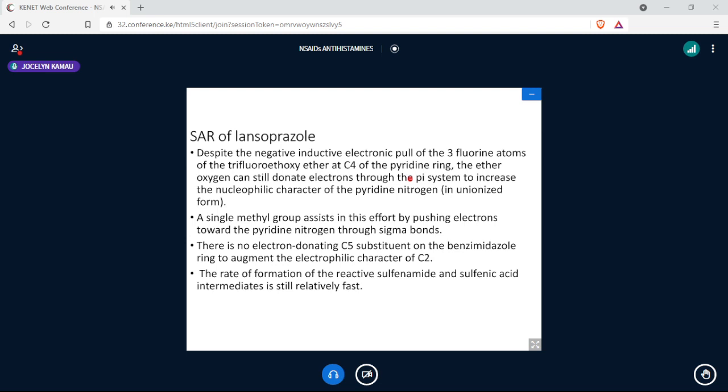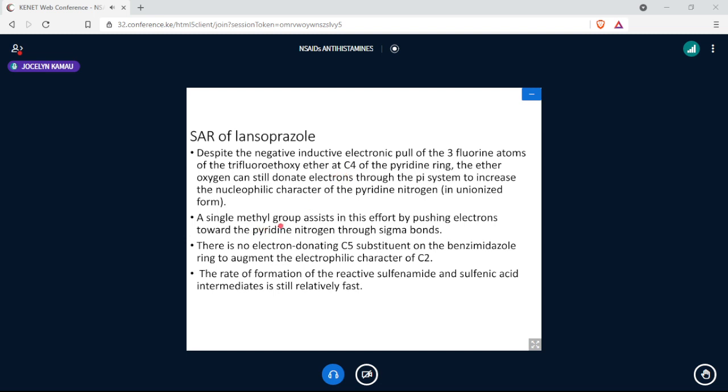We know a trifluoro group is electron withdrawing, but we also have the ethoxy ether. There is the CH2 oxygen, and that ethoxy oxygen can still donate electrons through resonance, and therefore that group is still an electron donor, still making the pyridine nitrogen more nucleophilic, and therefore more readily attacking the electrophilic carbon.